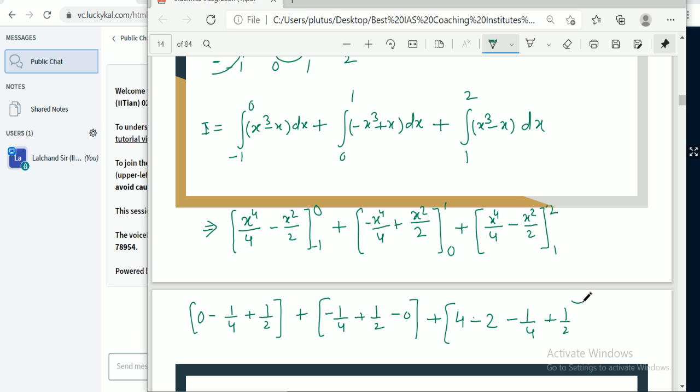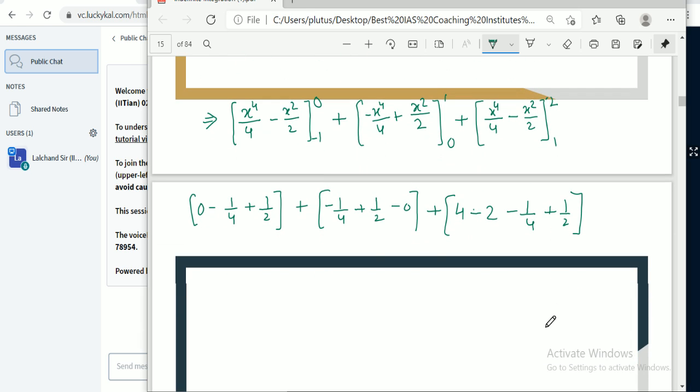So if we simplify this, finally we will have 11 by 4 as the final answer. This is our final answer. Does this get cancelled with this? No, this is not cancelling here. So this is the final answer.